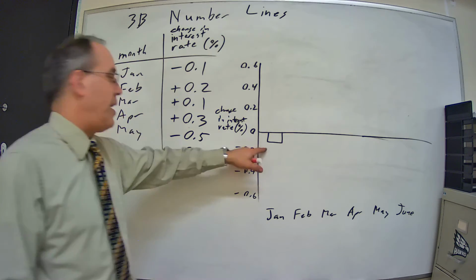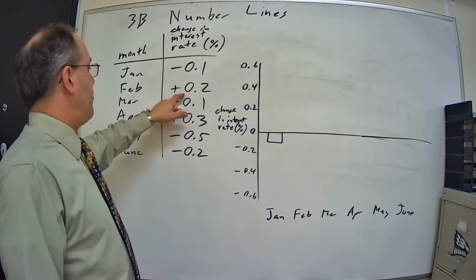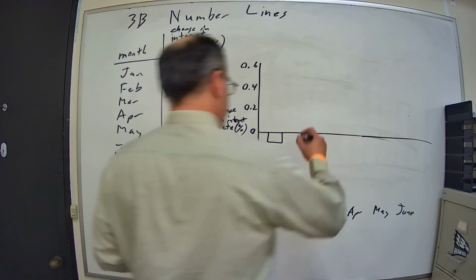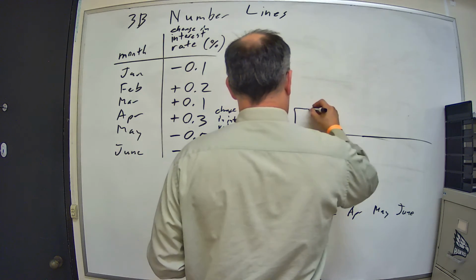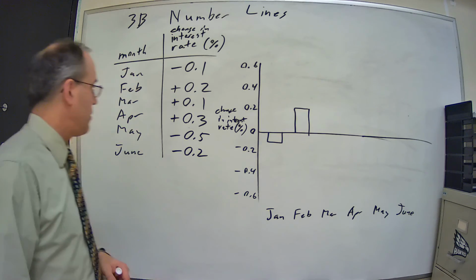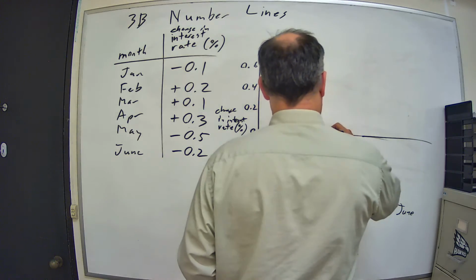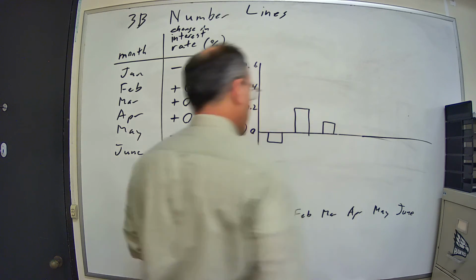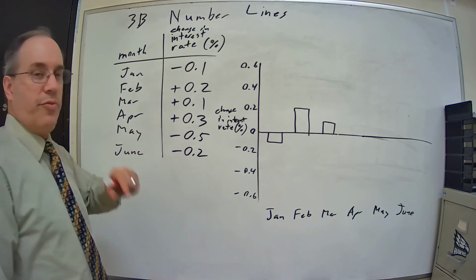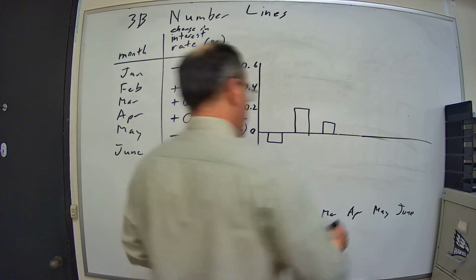So in January we had negative 0.1, so it goes down by 0.1. In February, we had positive 0.2, so up by 0.2. In March, positive 0.1, so it's going to go up by that 0.1. In April, it goes up by 0.3.